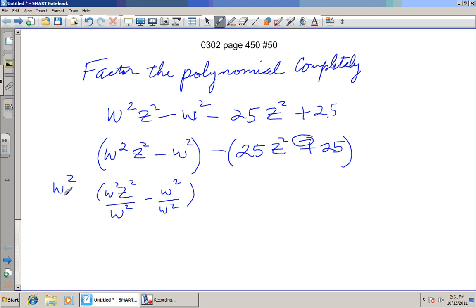We're factoring out w squared from both these terms. I have to put it in front and then divide those out. Then they do the same thing here. I got a minus, and I put my 25 in front here. So this is 25 z squared divided by 25 plus 25 divided by a minus 25. Okay?